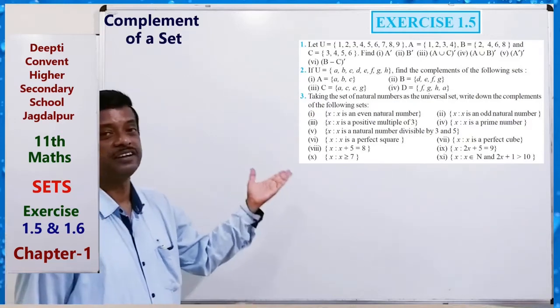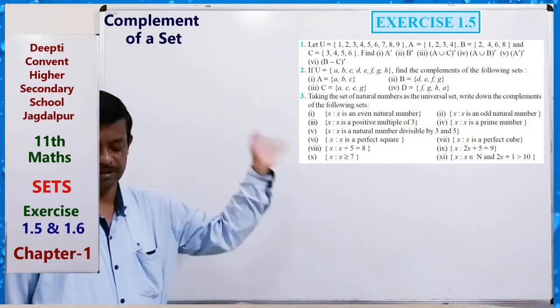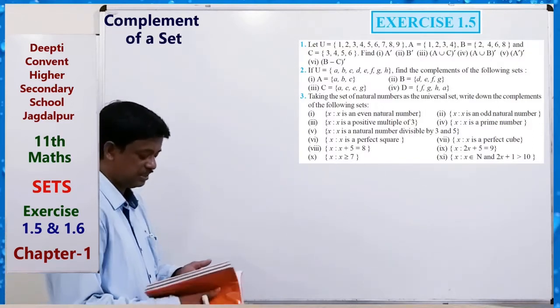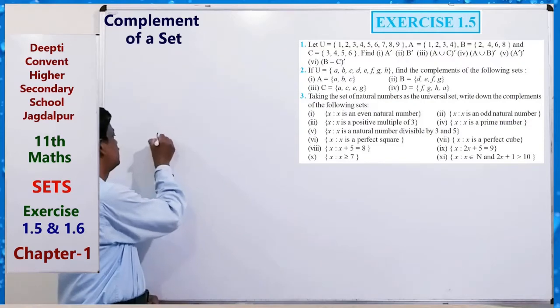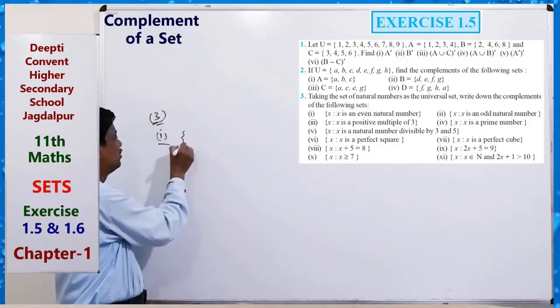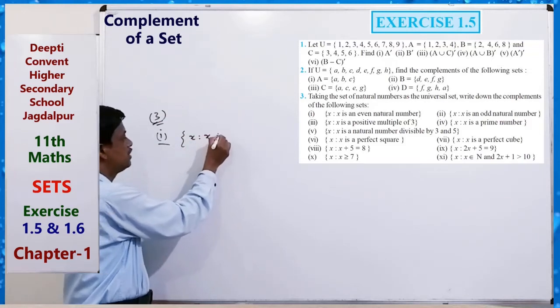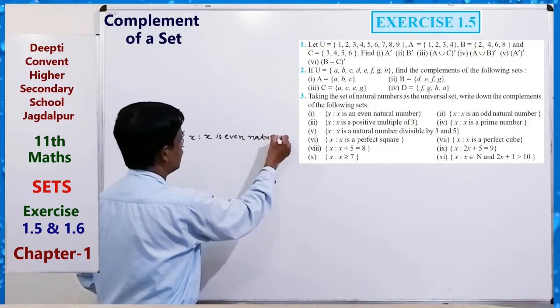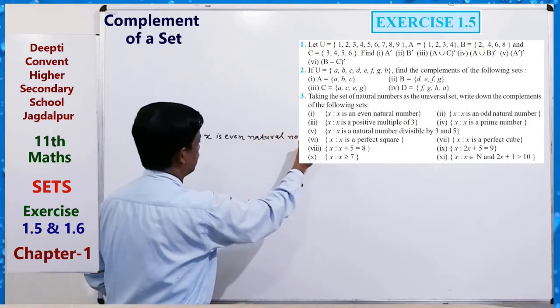So complement, except even, all the odd. So how can you write answer of this? The first set of third is x such that x is an even natural number.